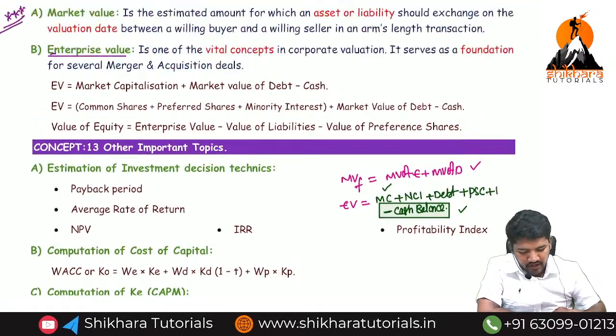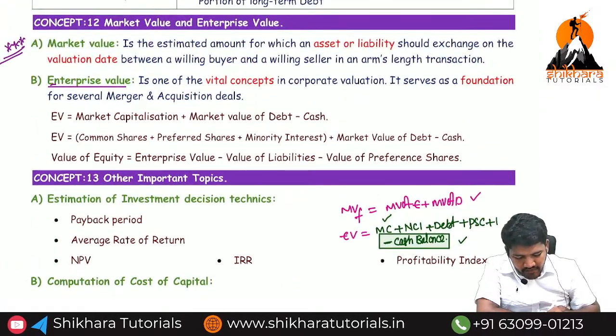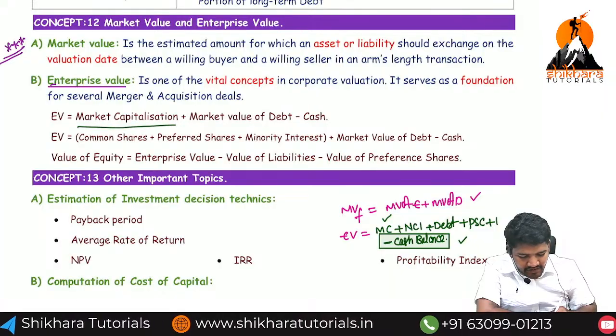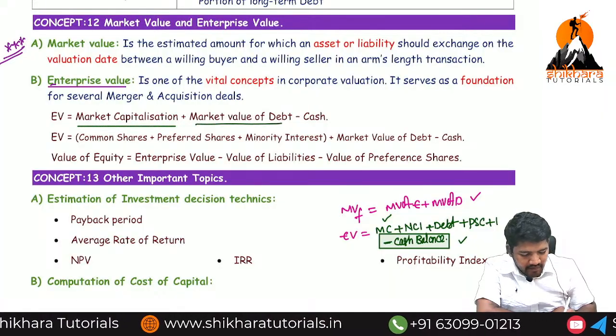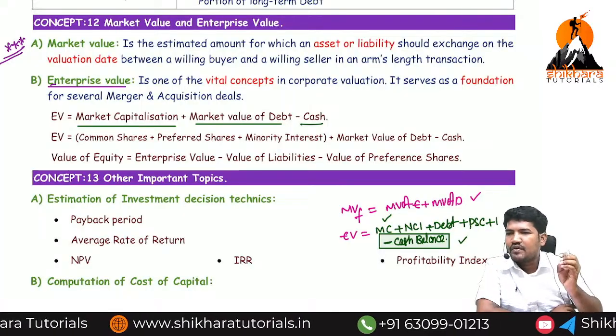Done. Let's check out here. So enterprise value equals market capitalization plus market value of debt minus cash. It's a basic version formula.